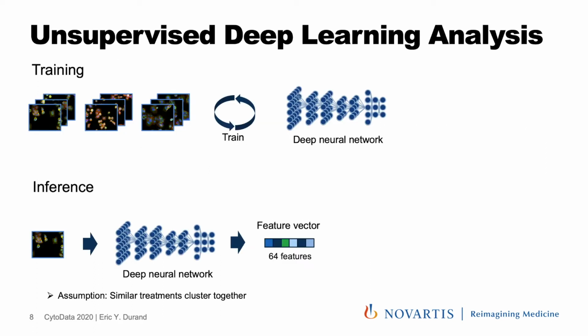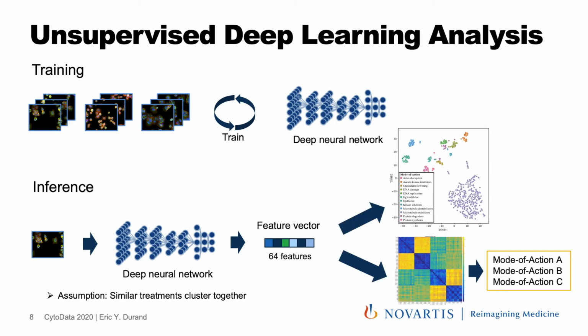And instead, we want to switch to an unsupervised deep learning analysis where you would start by training a deep neural network in a way that I will specify, but without using any kind of labels. And then at inference time, you would feed a new image through the deep neural network to obtain a feature vector, in this case 64 features in this vignette.